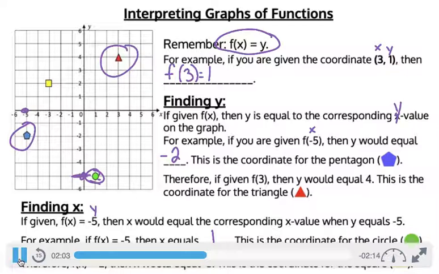And this is the circle. And for our last example, if we have f of x equals 2, we would find 2 along our y-axis, and then the answer for x would be -3, because that is the x value for the coordinate of the square when y equals 2.